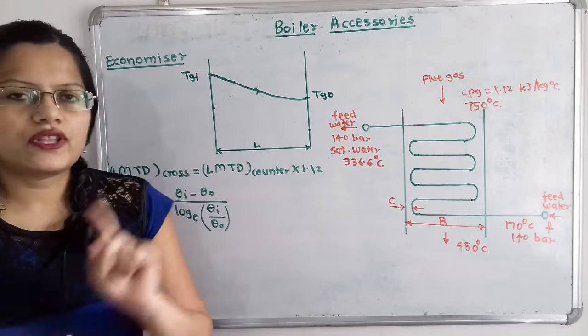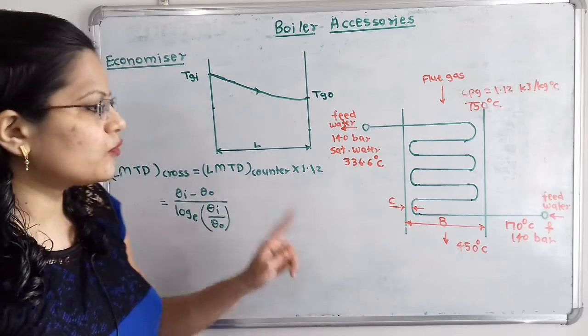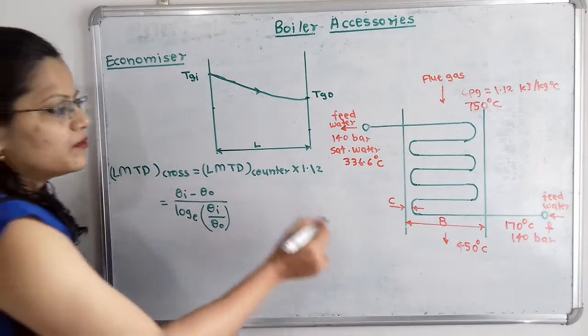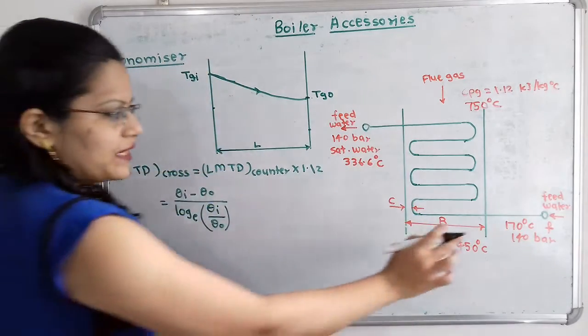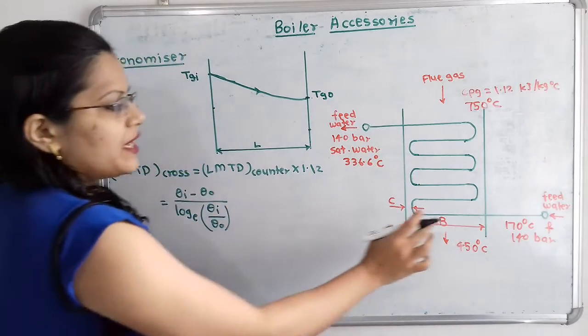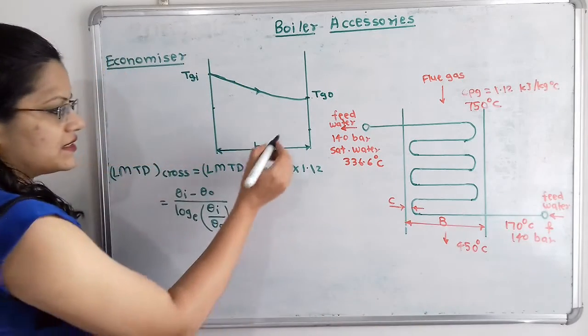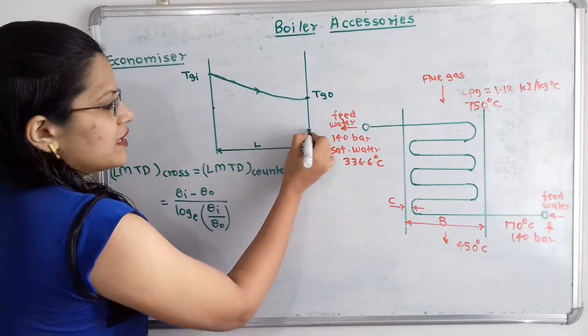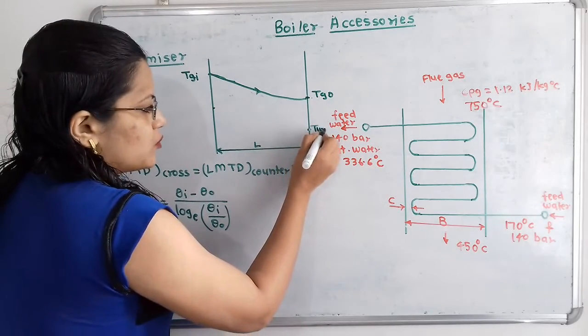Now we will move on to the next. Here is the feed water. The feed water is moving in the opposite direction of the flue gas, from the downward direction to the upward direction. And what is the temperature of the feed water? That is 170 degrees Celsius. So I will plot here the inlet feed water temperature, TWI.